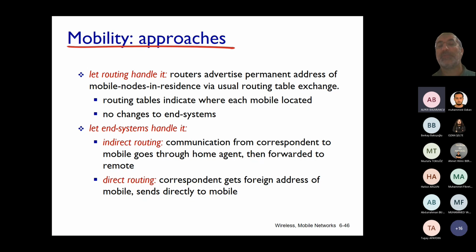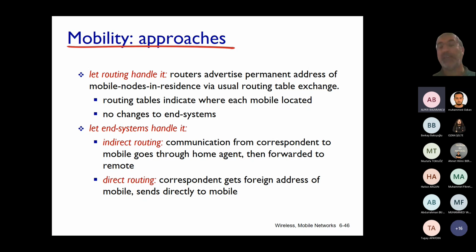And the second approach, let the end system handle it. In this case, we have two methods. The first one is called indirect routing, and the second one is called direct routing. In indirect routing, communication from the correspondent to the mobile goes through the home agent, then is forwarded to the foreign agent.